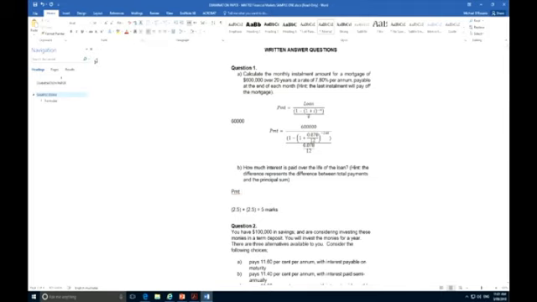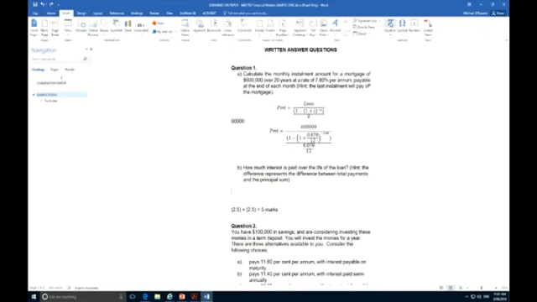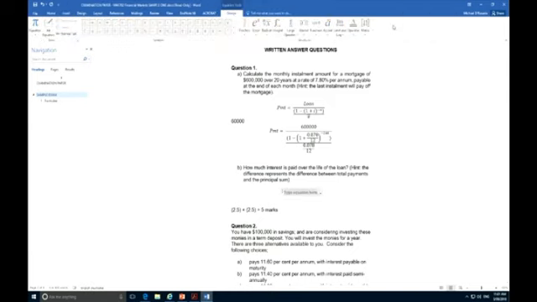Let's see. I'm trying to think of how to do that neatly. Now I'll just do everything very neatly today so we all have a record. Yeah, that's how we'll do it.